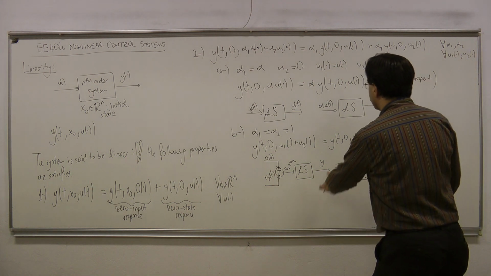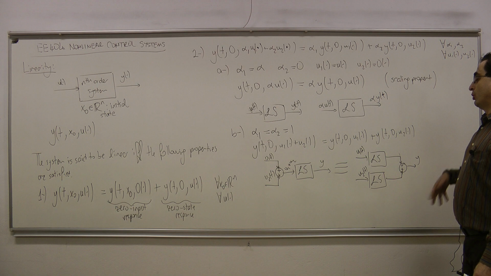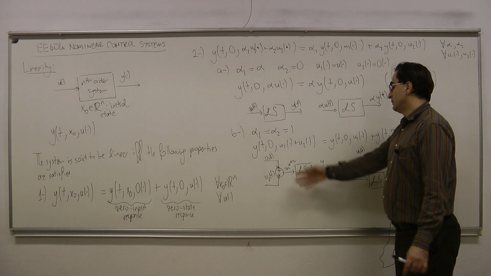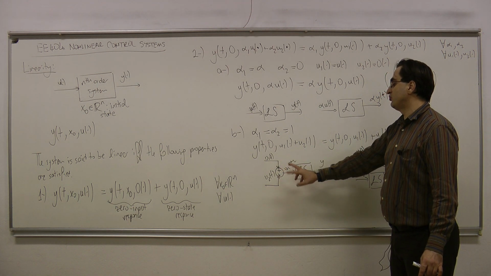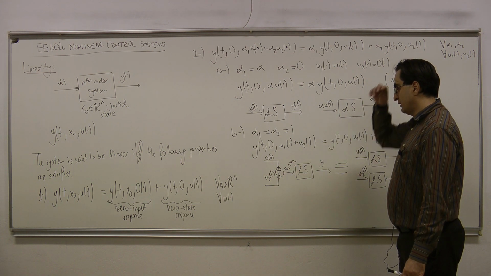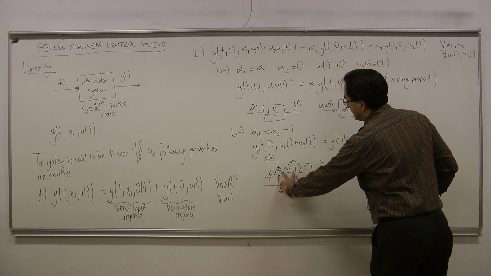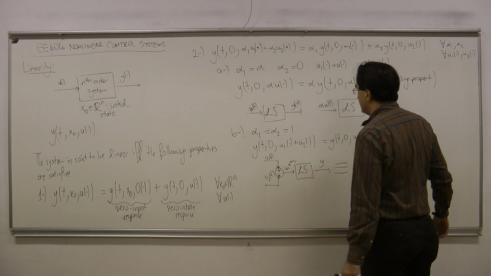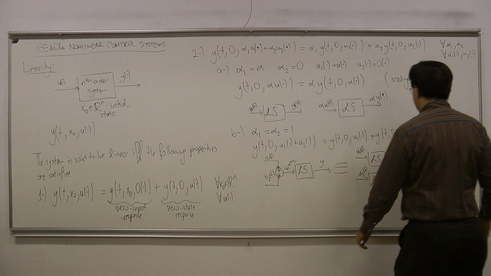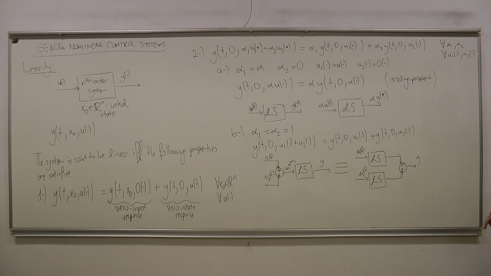The outputs here and here would be equal. So the linear system can be interchanged with the summation. That is the rule. Here I exchange the summation operation with the linear system, and no change happens in the output.